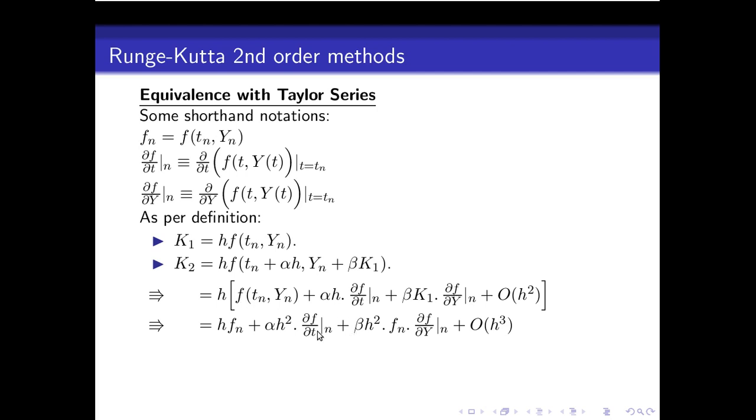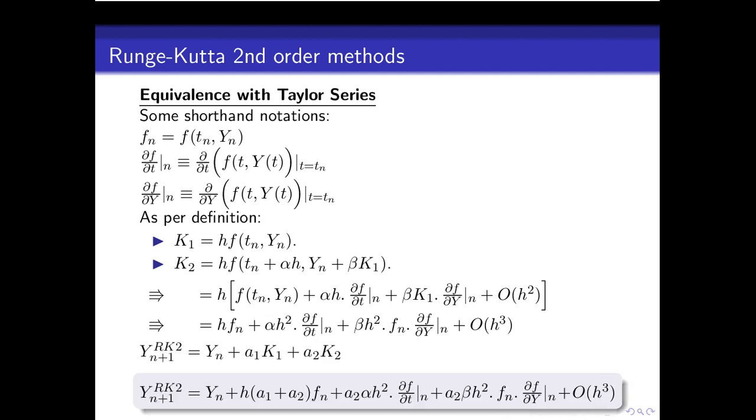Since we have explored and expanded this k2, now we write y(n+1) according to RK2 in a detailed fashion, and just notice these two terms, a1 k1 plus a2 k2. a1 k1 means h into a1 fn, and the first term in k2 is h fn, so we multiply it by a2, and this becomes h into a2 fn.